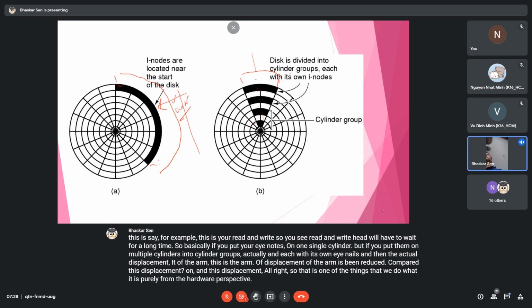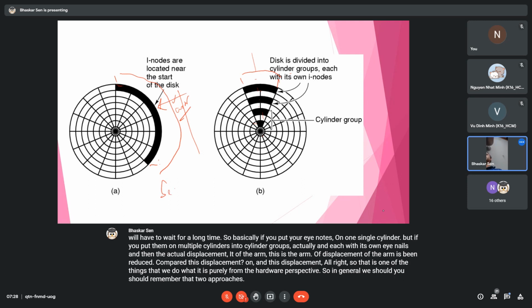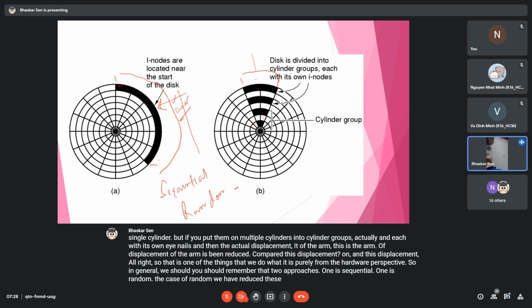So in general, you should remember that there are two approaches. One is sequential, one is random. In the case of random, we have to reduce these arm movements, reduce disk arm movement to improve performance.